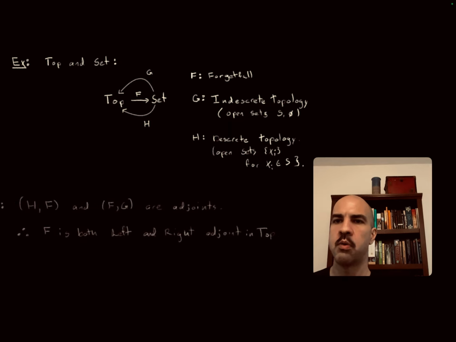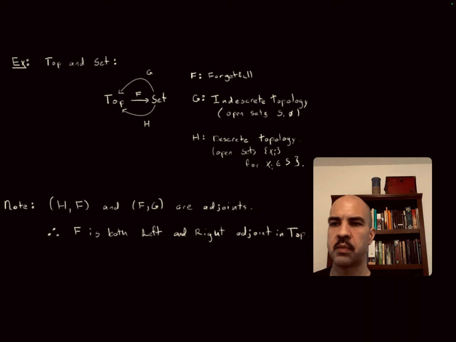And what we can say is that these functors are adjoints of each other. So we also have that the forgetful functor is both a left and a right adjoint in the category of topological spaces, and it is left and right adjoint to the indiscrete topology and the discrete topology.